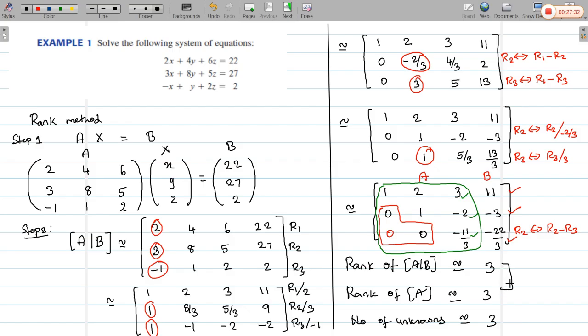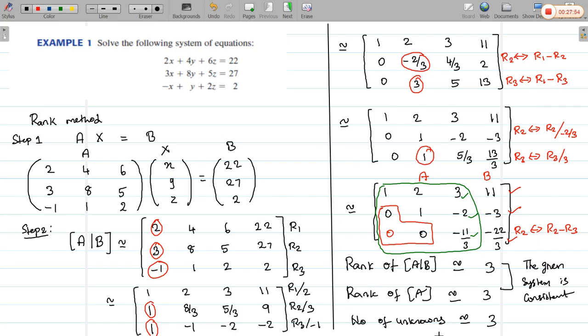See, we don't write it. The actual meaning is there is a solution. Technically, we write it in this way: the given system is consistent. Is it okay?